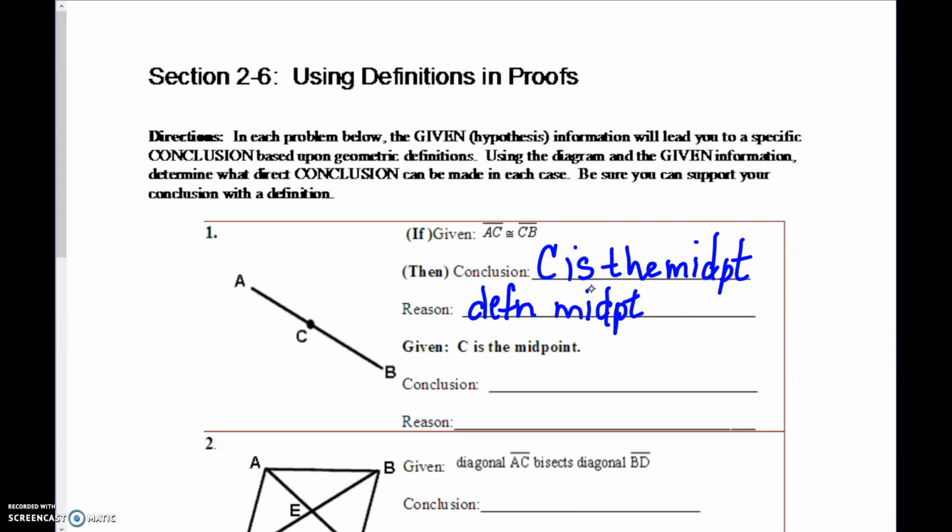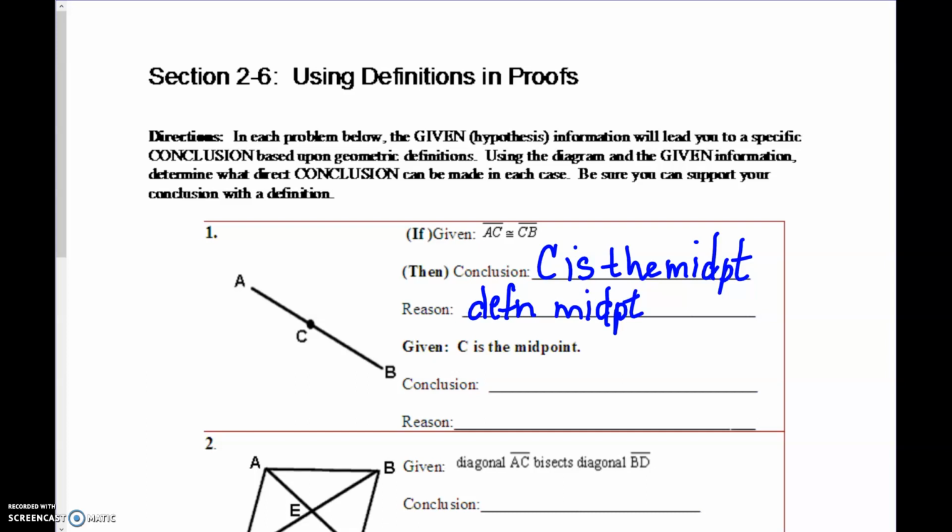Another thing, depending on what they're asking for, which I'm not going to be extremely picky about on your proofs, but if you were in technology and you were having to write code for something, every little thing makes a big deal. I'm going to be mainly working on the overall big picture.